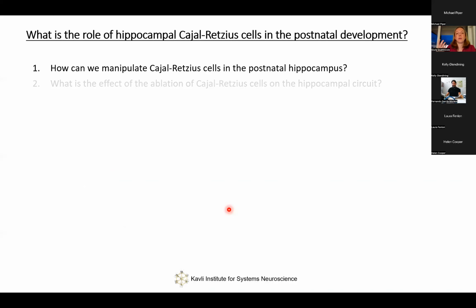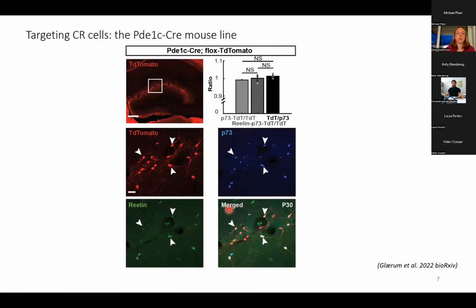But the first thing that you have to do when you want to understand and study one specific cell type is try to find a way of manipulating it or tagging it. So what we did is that we used the PDF1-Cre line, which was created at the Rockefeller University through the GENSAT project.